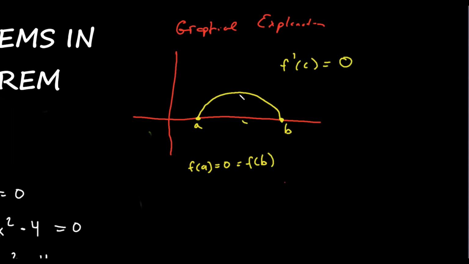This just means that there must be some point c on this curve where f prime of c is 0. That means I'll get a horizontal tangent line. And in this case, it's right in the middle, right? So that's all it means, guys. There has to be a point where the slope is horizontal.